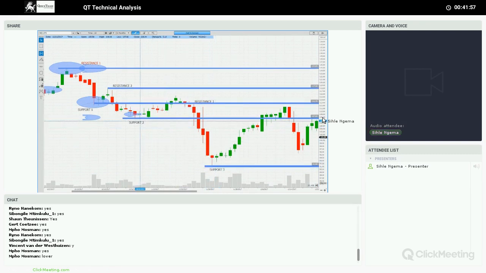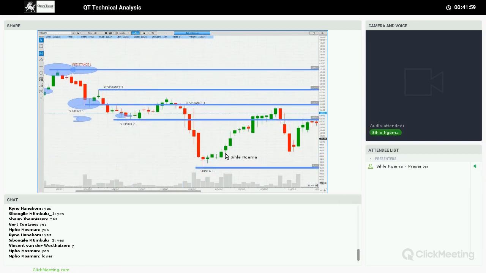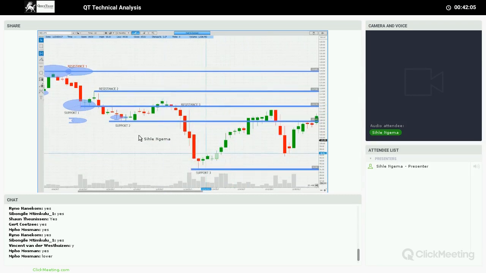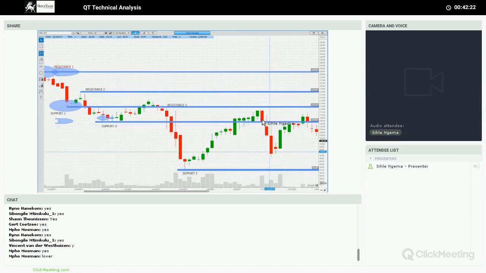So if I want to trade this share again for another short, my newly found resistance, support 2, is going to be my resistance 4. And when it is my resistance 4, I need to expect the share to come down yet again. That means it's another short.